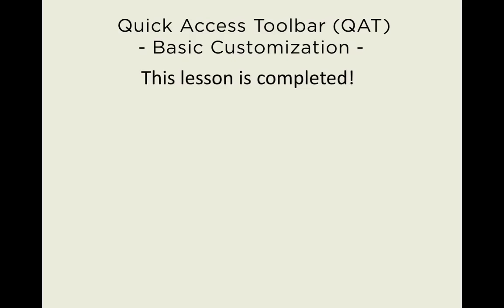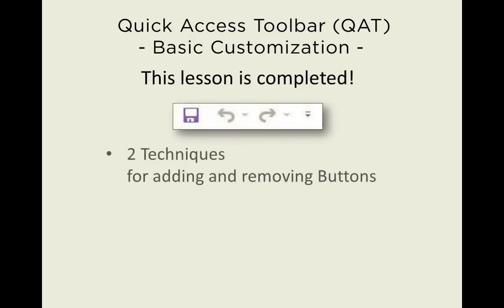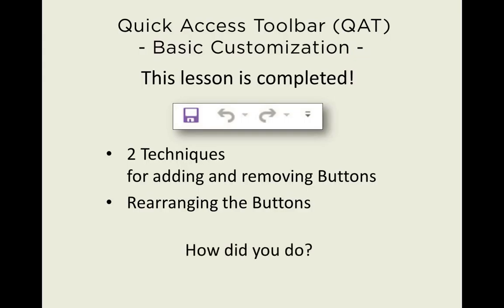This lesson is completed. I covered 2 techniques for adding buttons to and removing buttons from the Quick Access Toolbar. In addition, I covered how to rearrange these buttons. You can learn more about customizing the Quick Access Toolbar in the Advanced Customizations lesson.